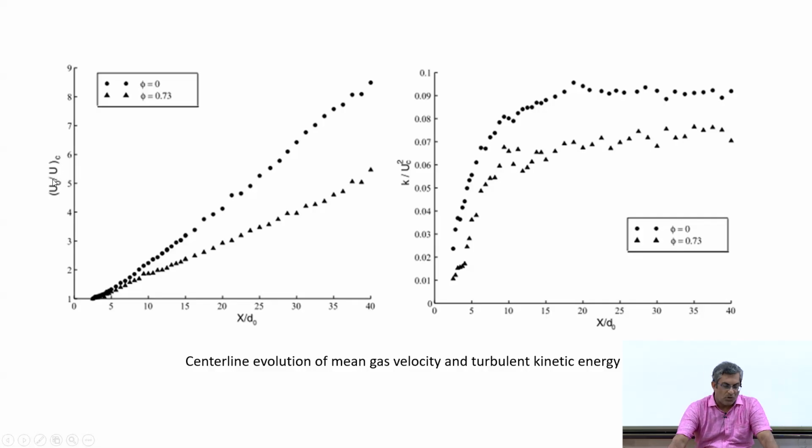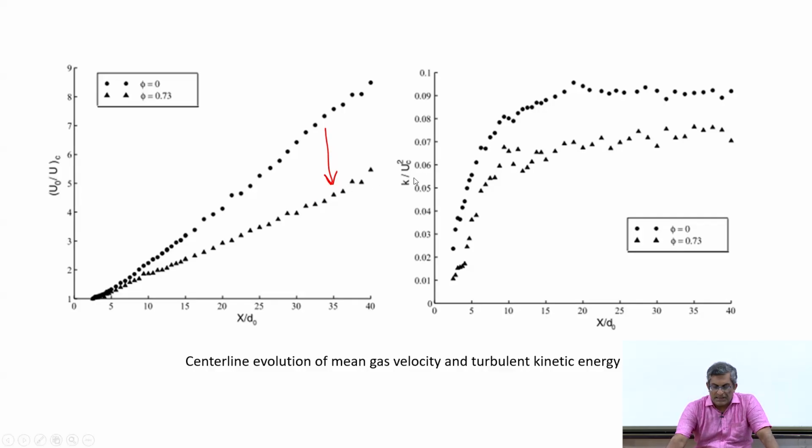In both cases, this parameter increases, which means that the mean gas velocity reduces as you move away from the injector, which is expected. However, you see the difference. This is going down, meaning that the mean velocity in the presence of particles is increasing.